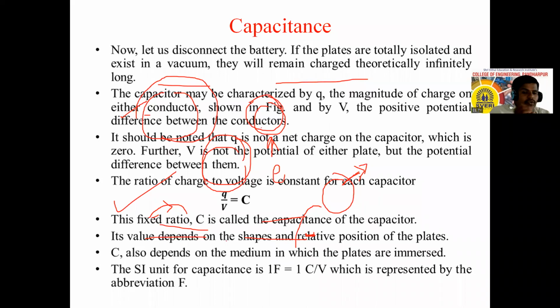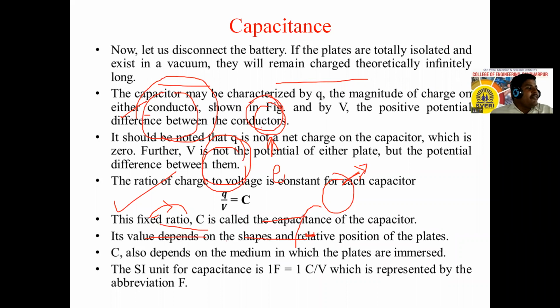Okay, and the SI unit of capacitance is the farad. So 1 farad is equal to 1 C divided by V. What is that capital C? Capacitance is measured in farads; coulombs is the unit of charge.